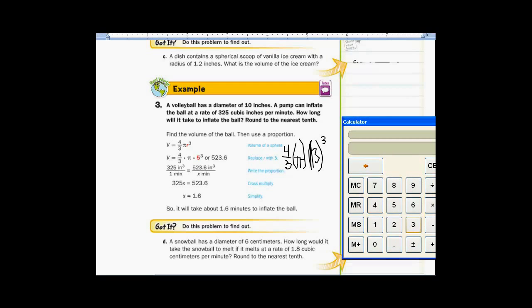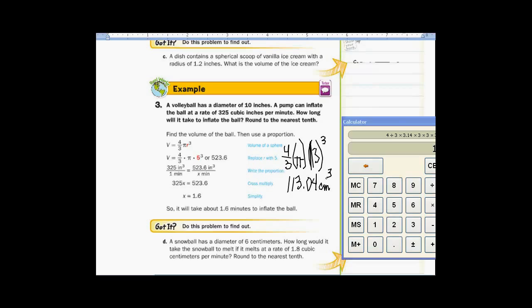Four divided by 3 times 3.14 times 3 times 3 times 3. So the volume is 113.04, and those are centimeters cubed.